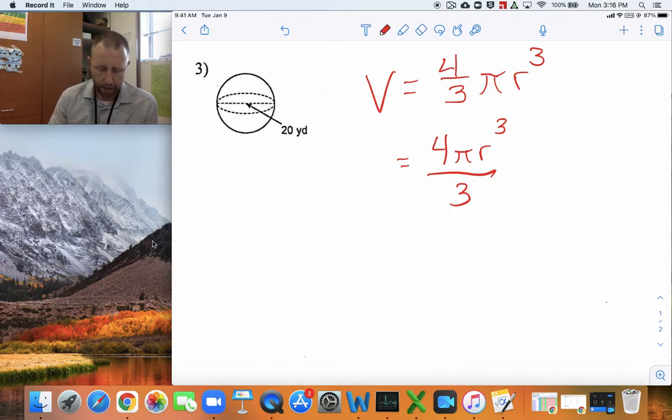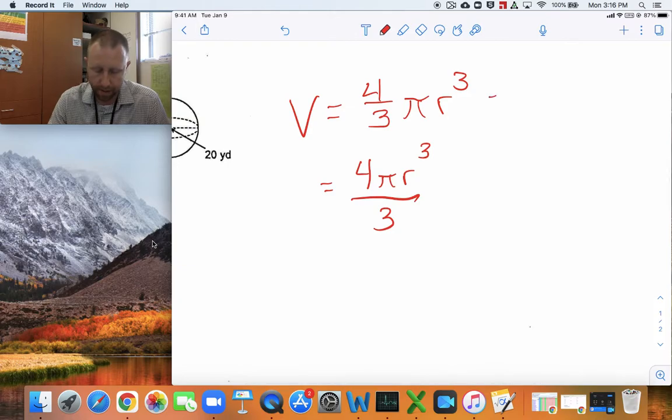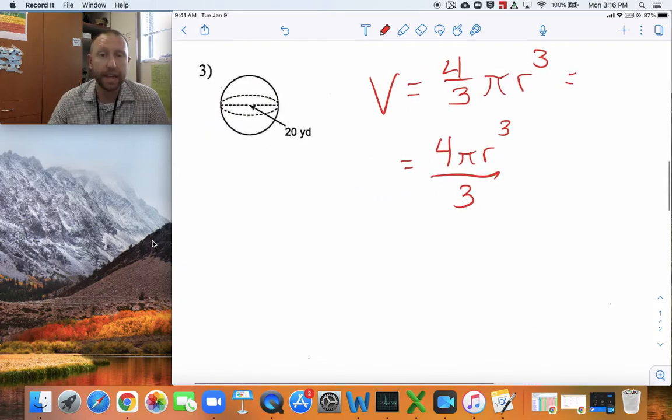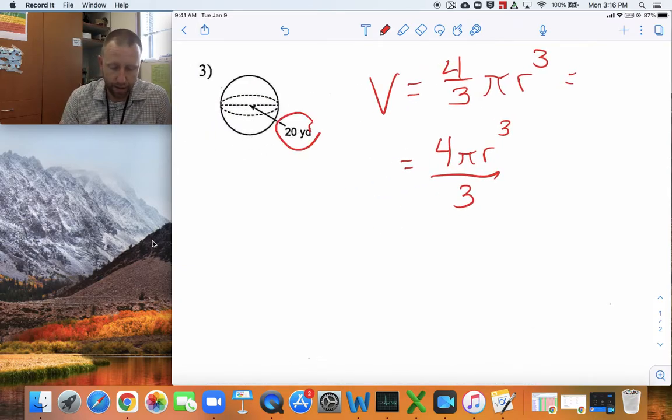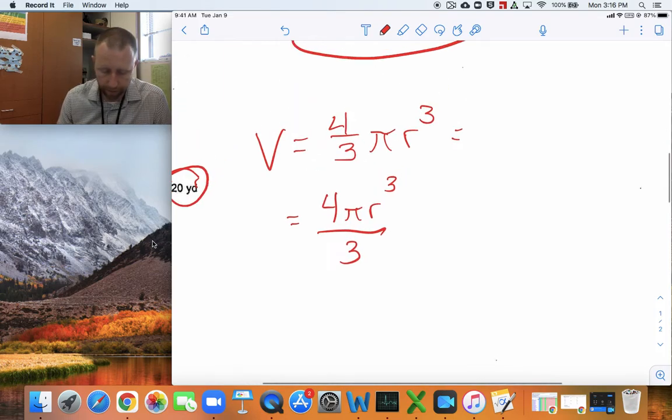For number 3, same thing. I don't care which way you find the volume. Doesn't matter to me. I like the one that has the fraction in the front. I'm going to use that top one where it says 4/3. Now this one, again, they gave us the diameter. The diameter is 20, so I need to take half of that. My radius is 10. So when I substitute in everything I know, for the sphere, remember we only needed the radius.